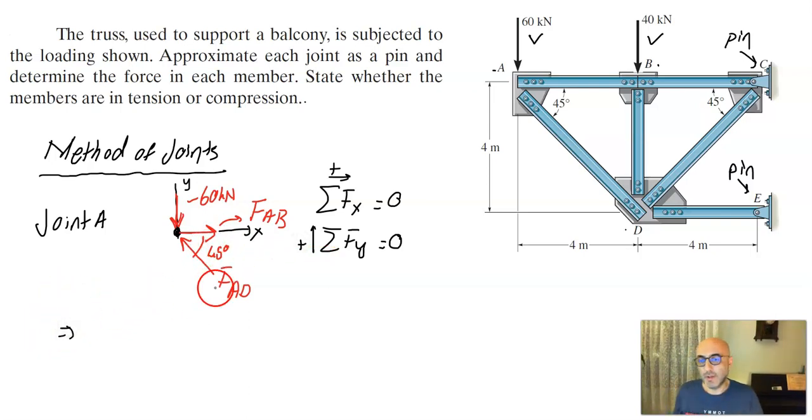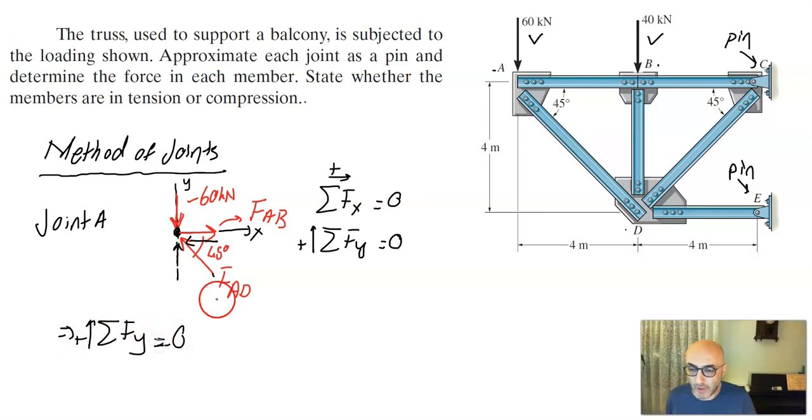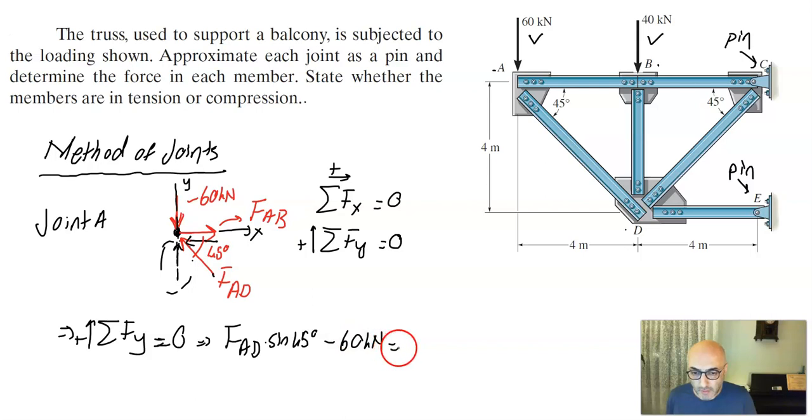We have two components of this force AD. If we write the sum of the forces in the y direction equal to 0, we have FAD times sine 45 degrees minus 60 kilonewton is equal to 0.